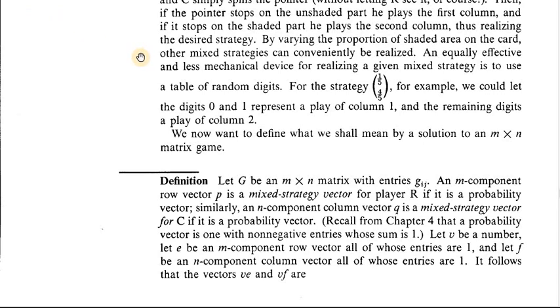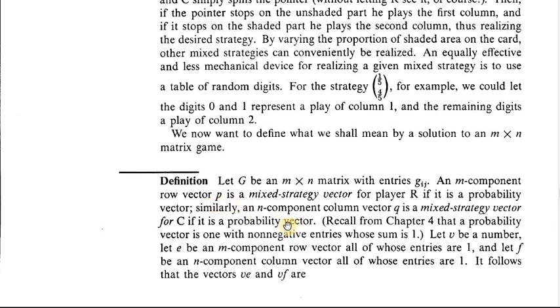Well, let's go back for a moment to the earlier section where we first talked about setting up matrix games as a matrix. And we talked about mixed strategies for the row player, mixed strategies for the column player. The mixed strategy for the row player is a probability vector, meaning that it's a vector with non-negative entries whose sum is 1.